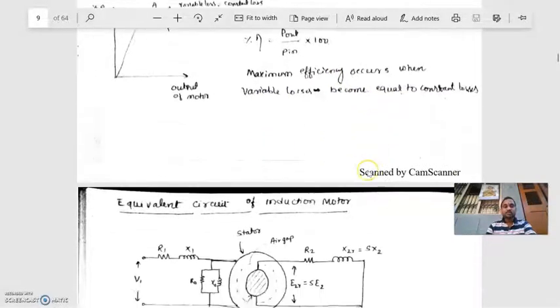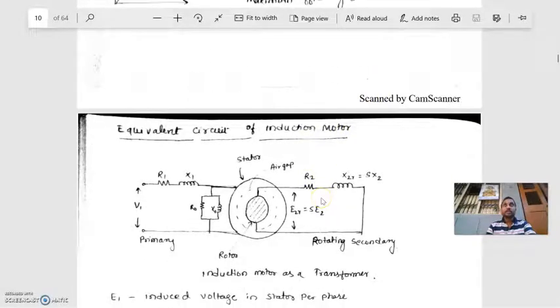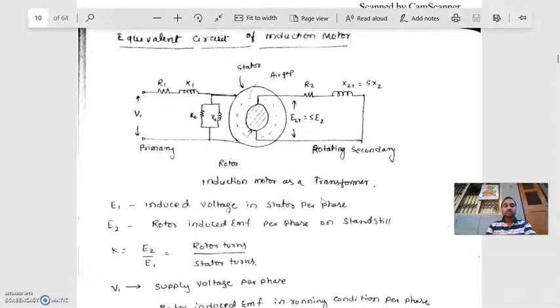Now we will discuss the equivalent circuit of an induction motor. It is similar to the transformer equivalent circuit. We have a stator and a rotor; this is the stator part and this is the rotor part. In between the stator and the rotor there is an air gap, represented by the dotted lines.